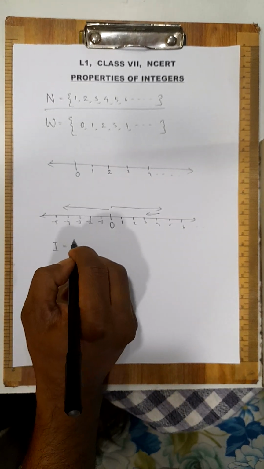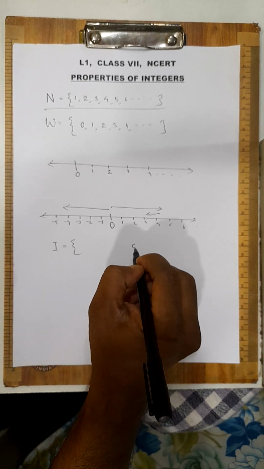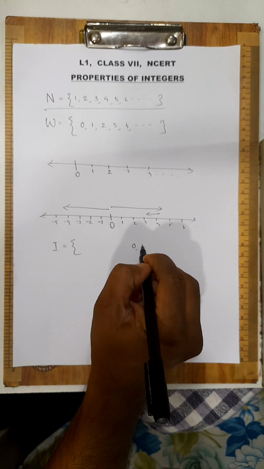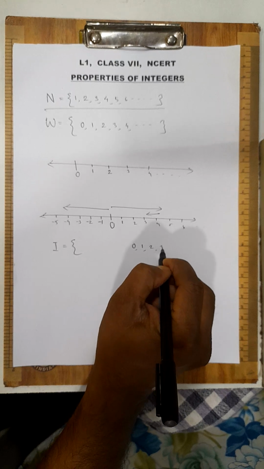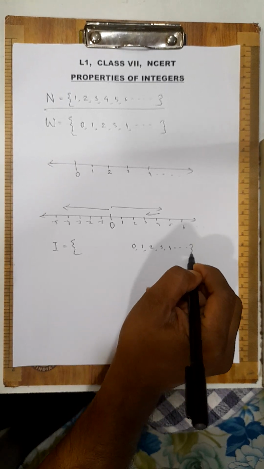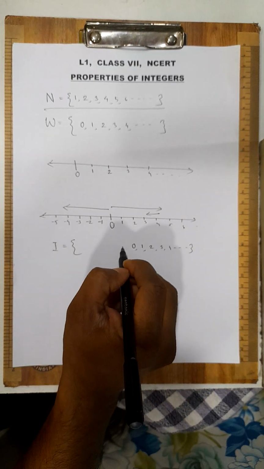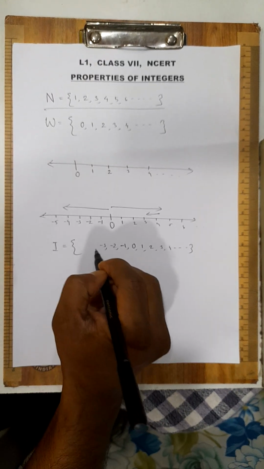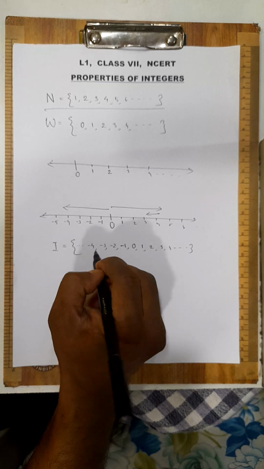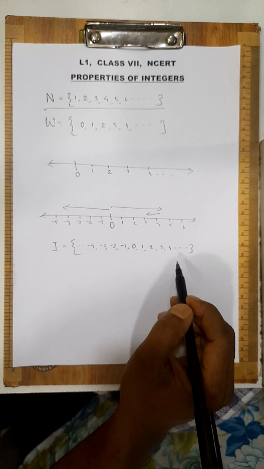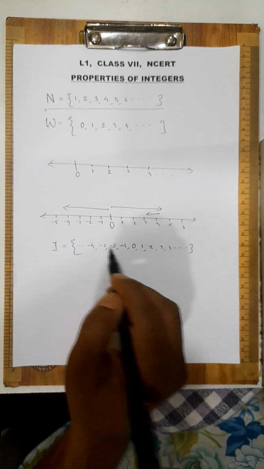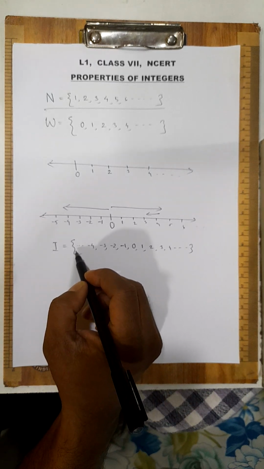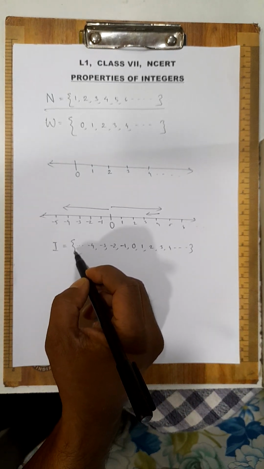So when we write the integers, we write 0 in the middle, then on the right hand side 1, 2, 3, 4, etc. These are positive integers. Then on the left hand side, you imagine minus 1, minus 2, minus 3, minus 4, etc. So you cannot write the least integer because you do not know what is the smallest integer.